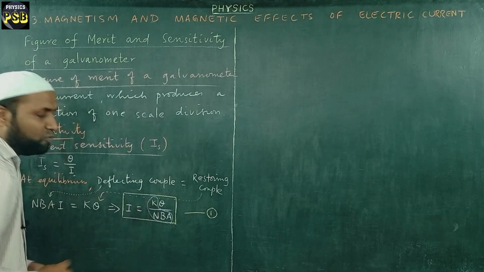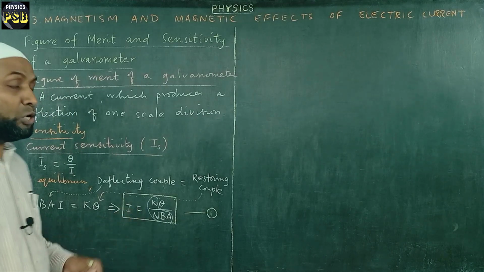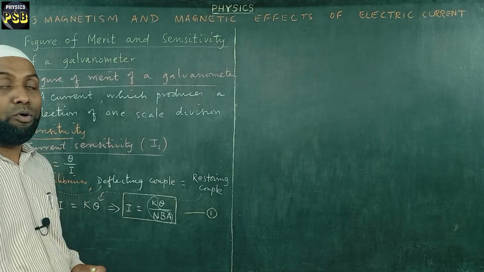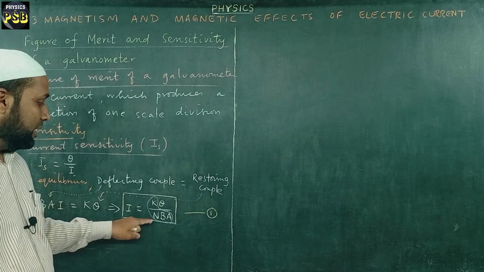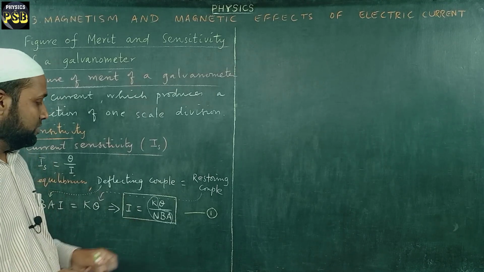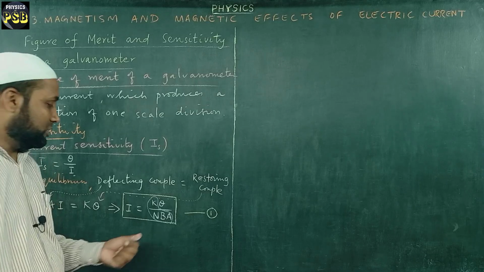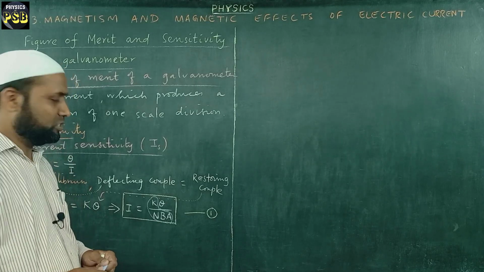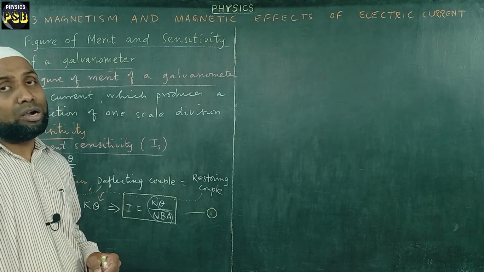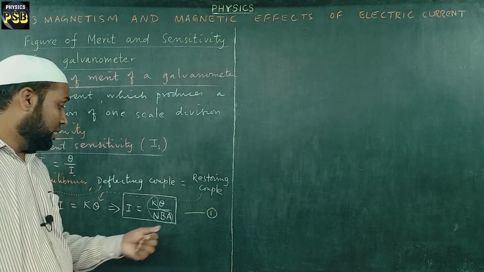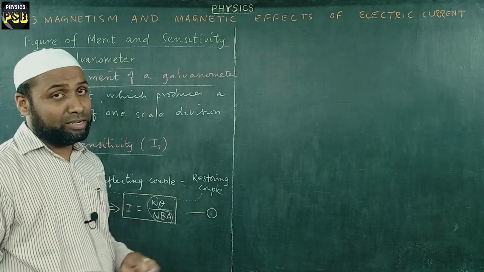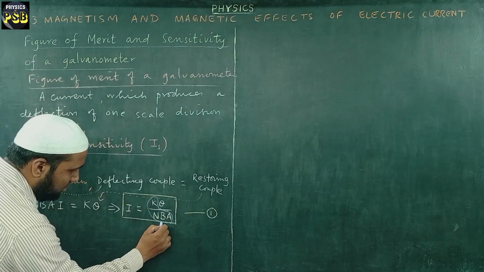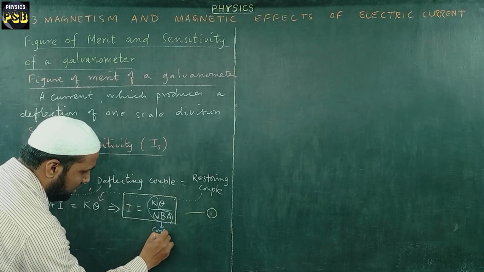Here K stands for restoring couple per unit twist, which is a constant for a given strip or wire. N is the number of turns in the coil, which is also a constant. B is the magnetic induction, which is again a constant for a given horseshoe magnet used in the galvanometer. Then A is the area of the coil. This is also a constant. So these four terms are constant.